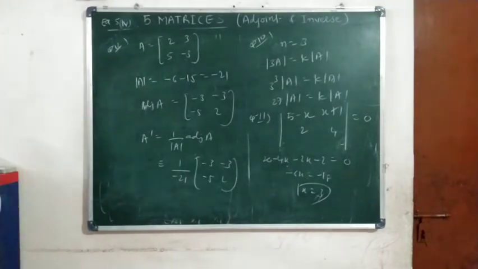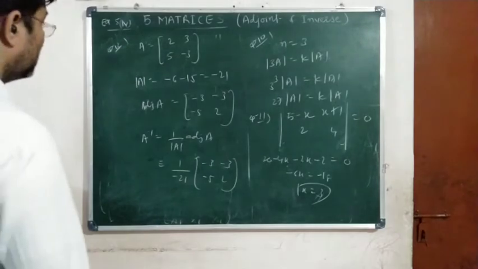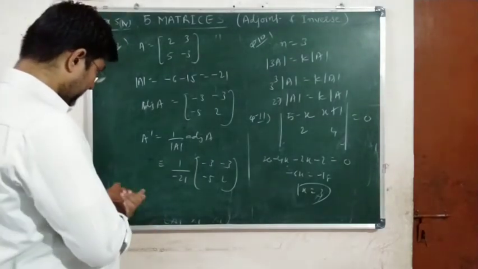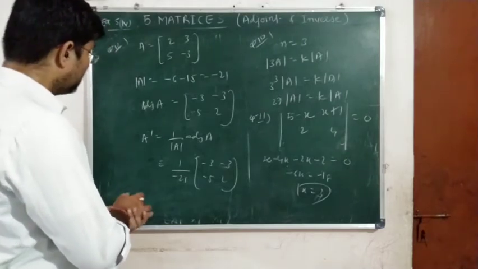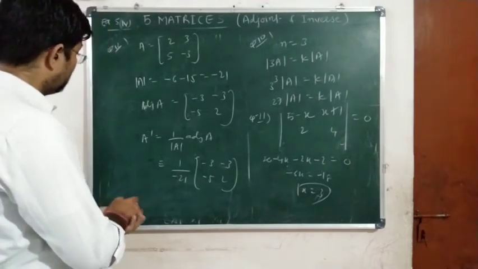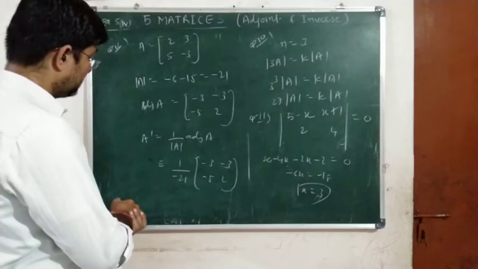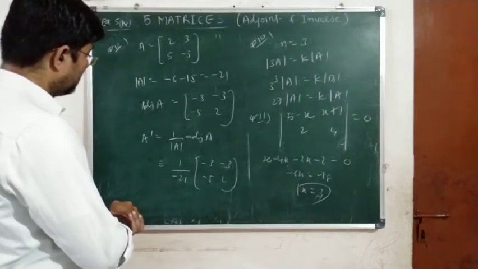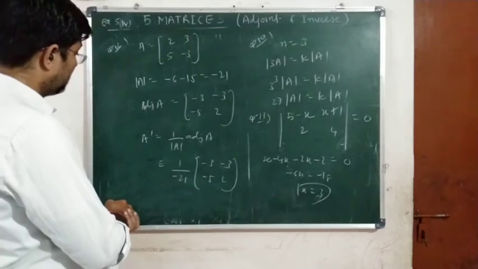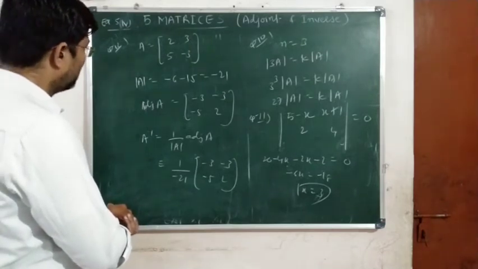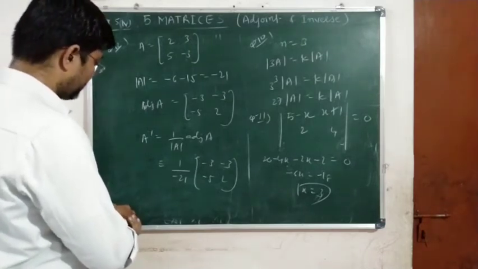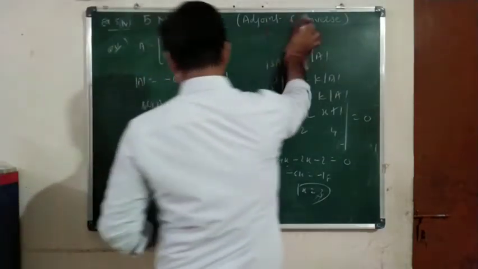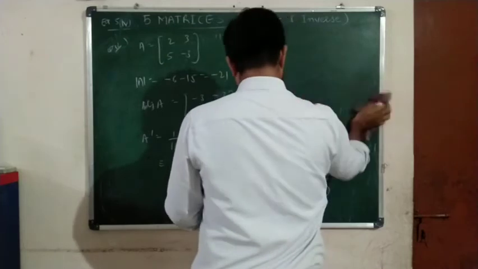Okay, or what we can do, we can take determinant of A is equal to determinant of A transpose. Yes or no? Okay, so now let us do the further step. Let us take the minus sign common.